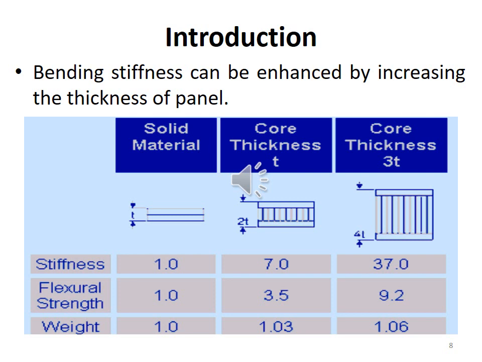The bending stiffness can be increased by enhancing the thickness of the beam or the panel with sandwich construction. However, this can be achieved with little increase in the weight.